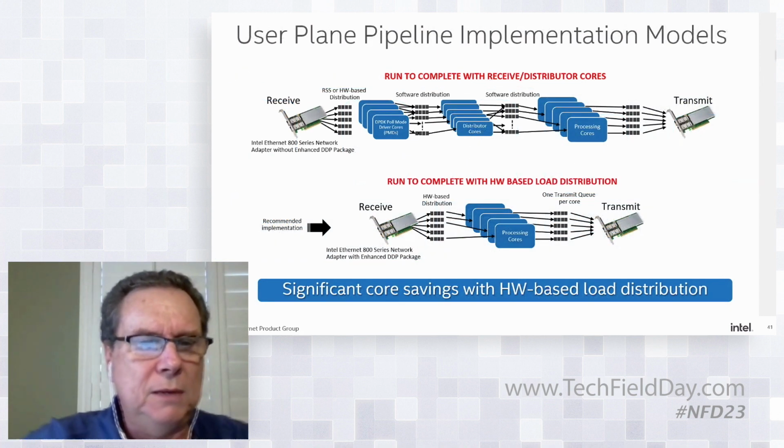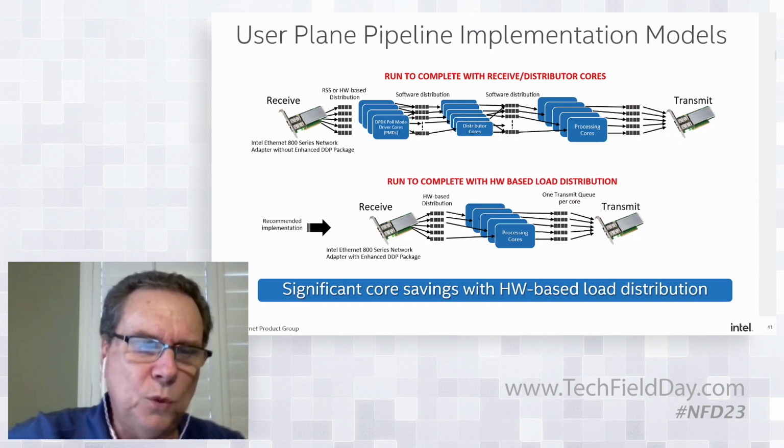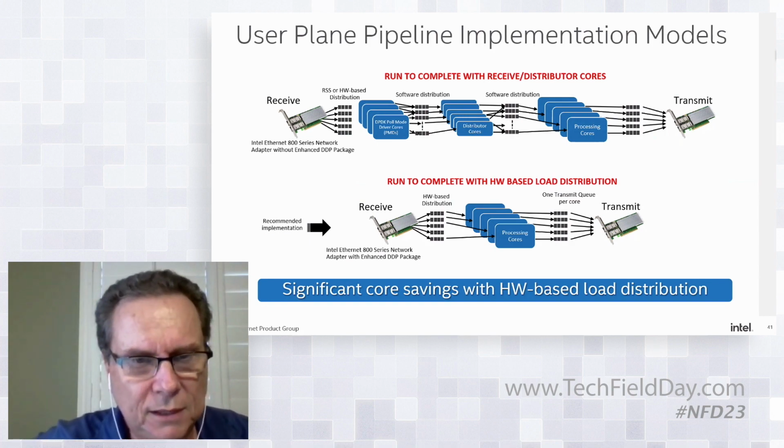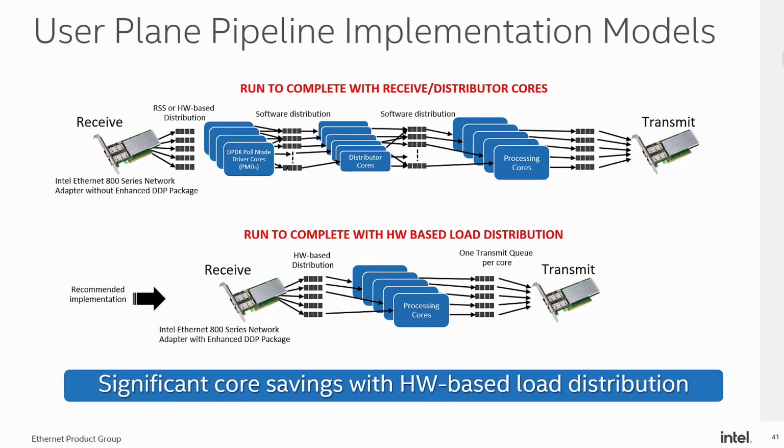This shows a pictorial view of what might happen in a host with a NIC with and without DDP. The top one would be without DDP, where a frame would come in. You may have to have cores with DPDK running, efficiently moving those frames from the NIC into the host. Then you may have cores that do the frame classification.